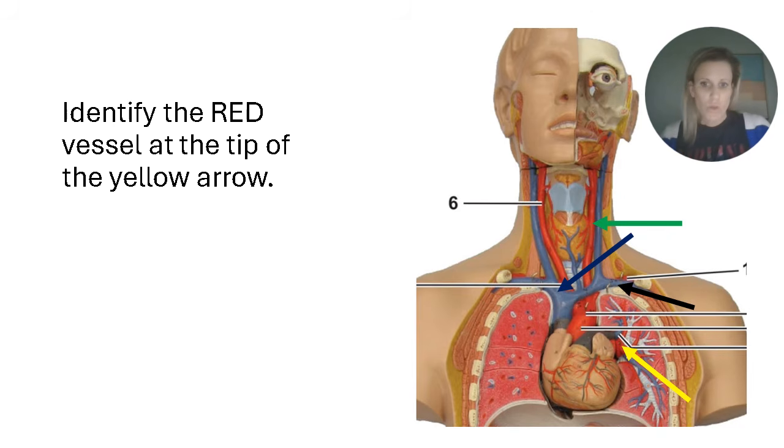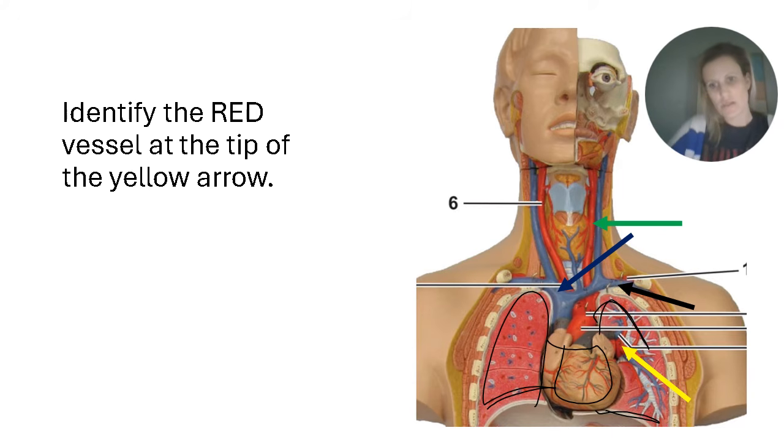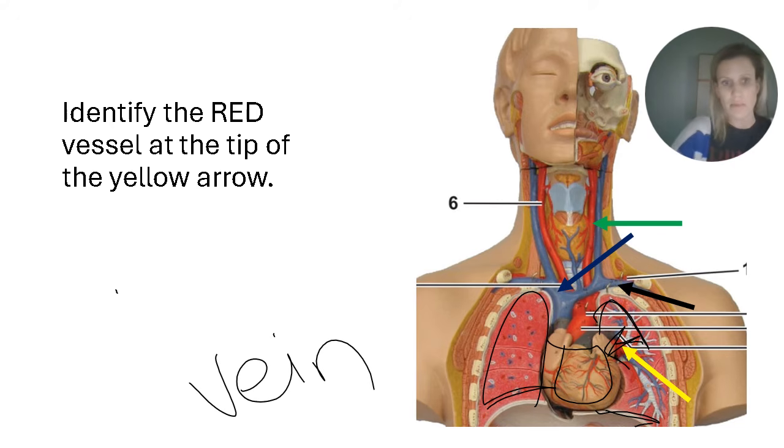The red vessel at the tip of the yellow arrow. So here's your heart in the middle, and then on either side are your lungs. Right? So this is pointing to the red vessel that is coming from the lungs. So remember, to and from the lungs, the colors are flip-flopped. So even though it's red, that's going to be a vein coming from the lung.